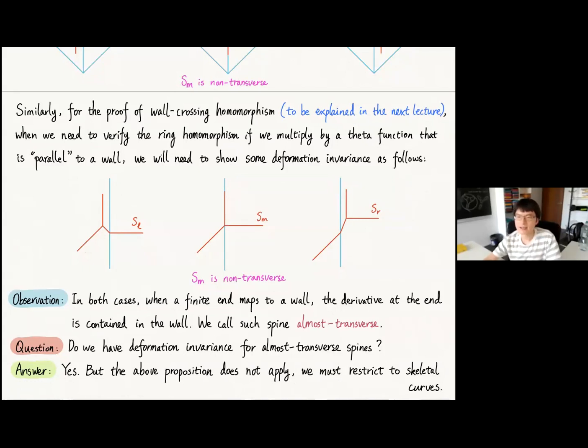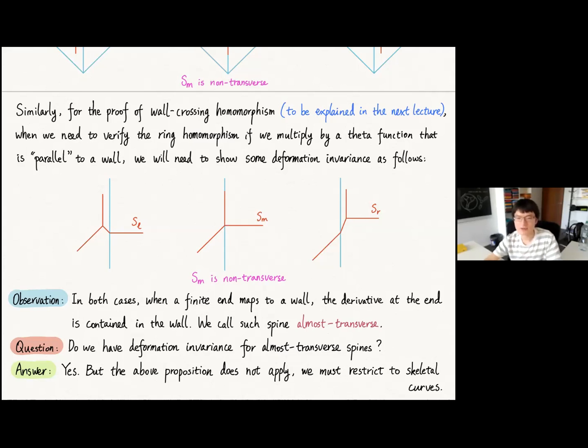So that's another application of the theory of skeletal curves. In fact, for other applications of skeletal curves, such as the symmetry theorem, it's possible to do it without skeletal curves. We can have other proofs, but for this almost transverse spine, I don't know how to do it without using skeletal curves.